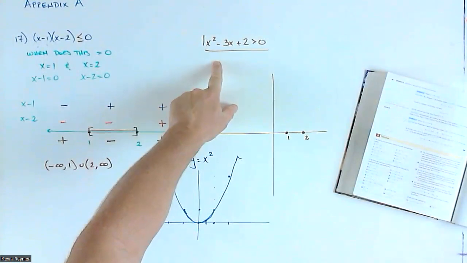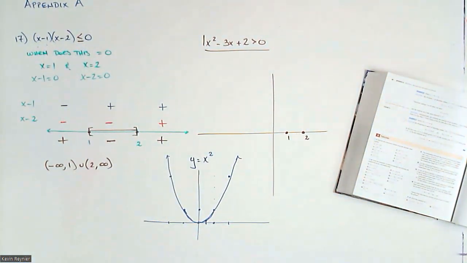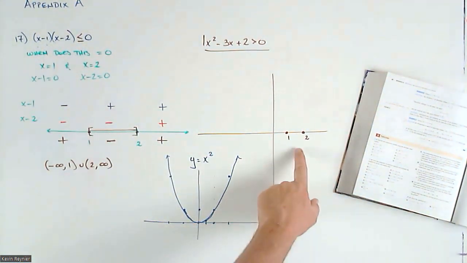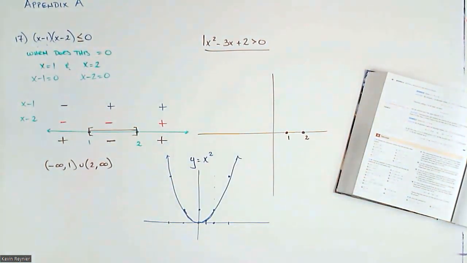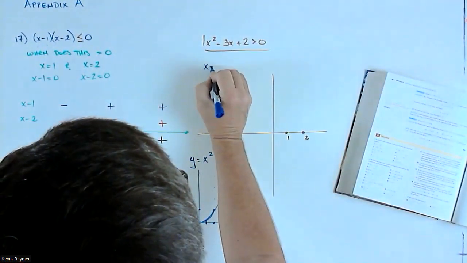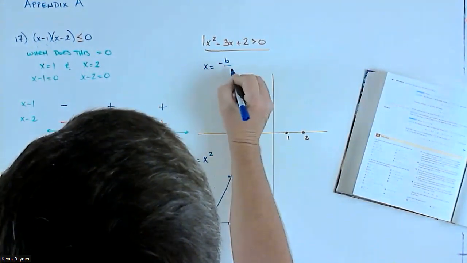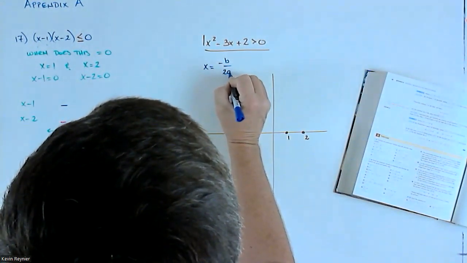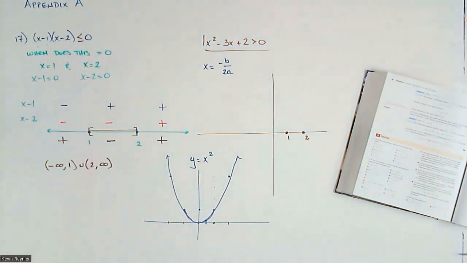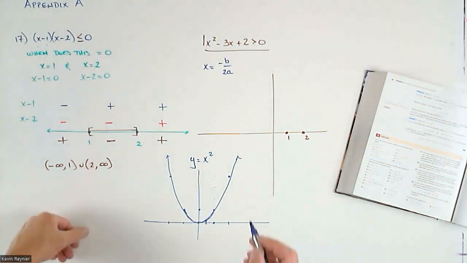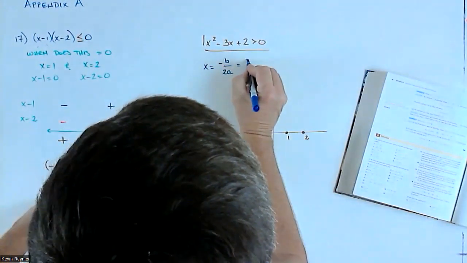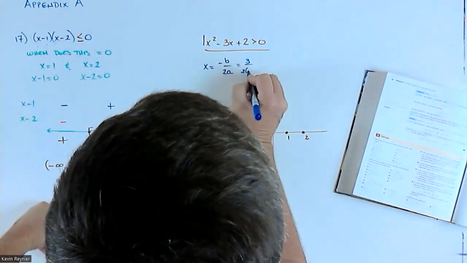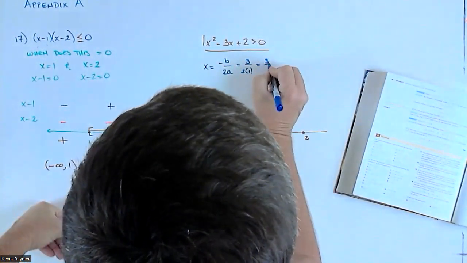Well, this is a 1. You know how to find the vertex of this parabola. You have a formula for that: x equals negative b over 2a. That's your formula for the vertex of a parabola from back in Algebra 1. If we plug in our numbers here, that gives us positive 3 over 2 times 1, or 3/2.